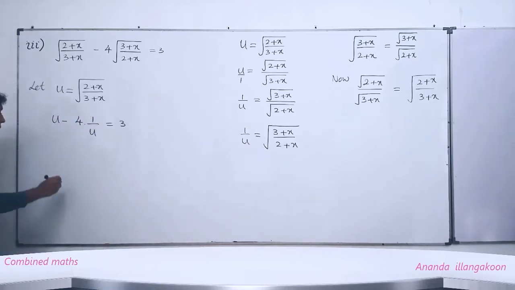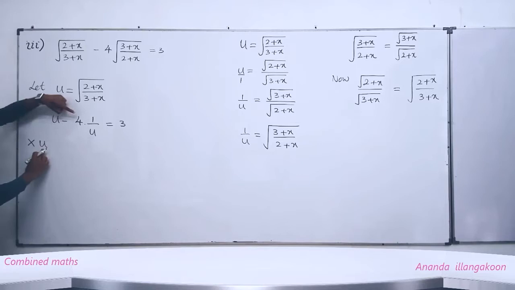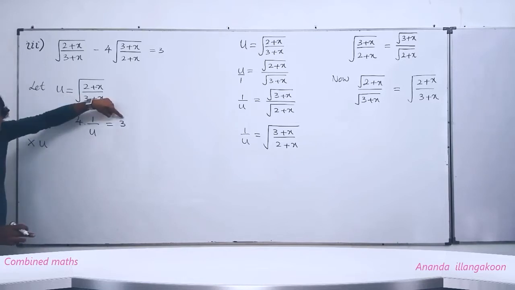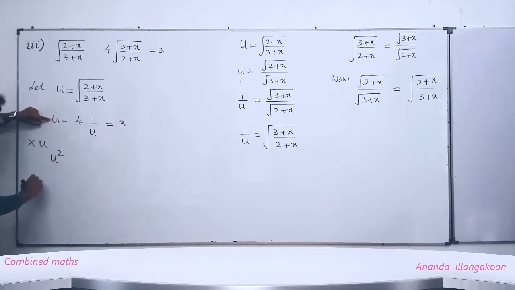Now what I do is, people, I multiply both sides by u. We multiply both sides by u, people. Then this term and this term, all these 3 terms we should multiply by u. Our purpose is to eliminate this u here. Then u multiplied by this u means u squared.